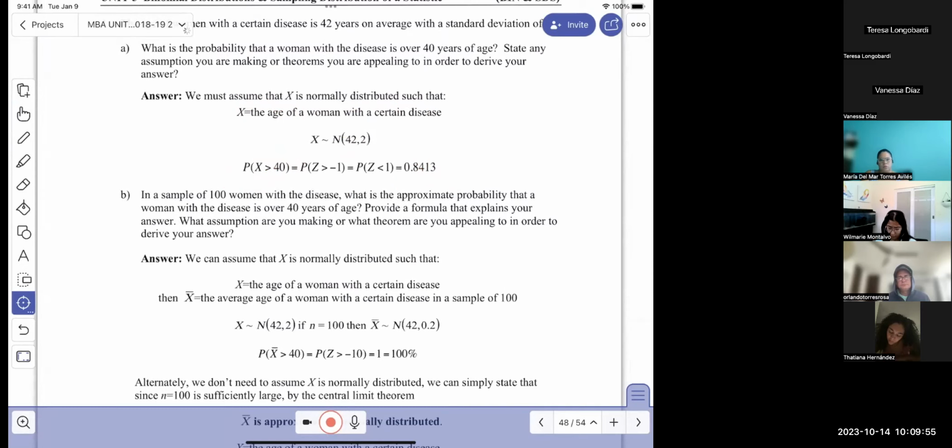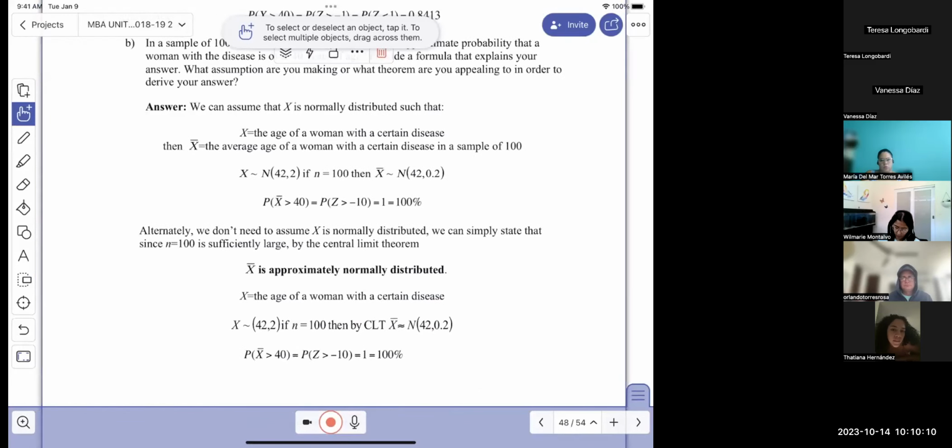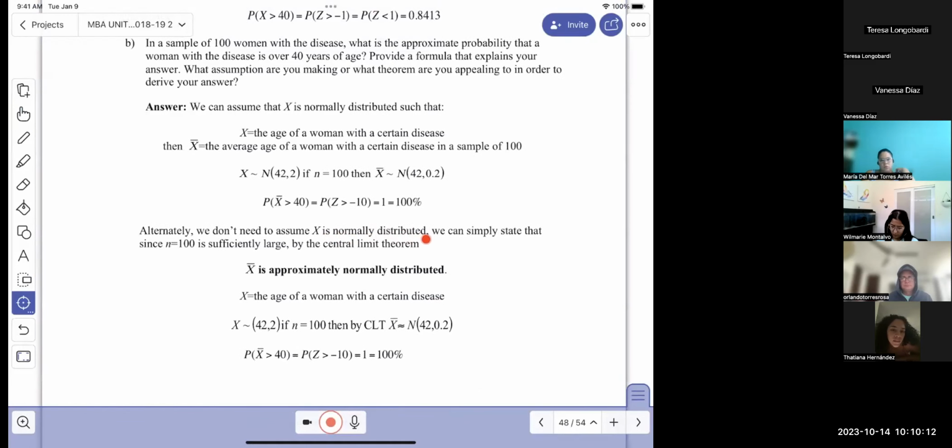In the B part, though, we can assume X is normally distributed like we did before, and then automatically X bar is also normally distributed. Or we don't have to assume X is normally distributed. We can just use the central limit theorem and say X bar is approximately normal with this result. So it's the same result.